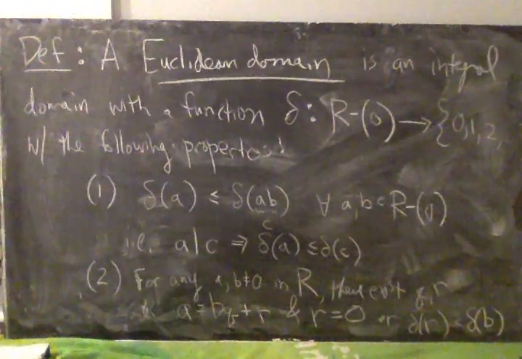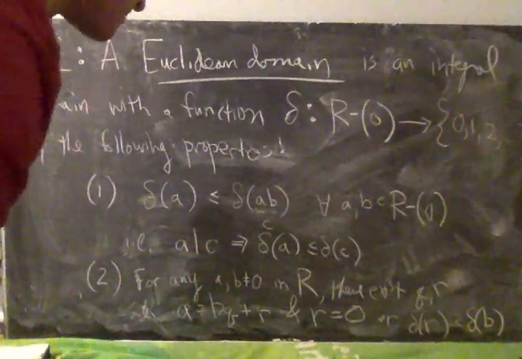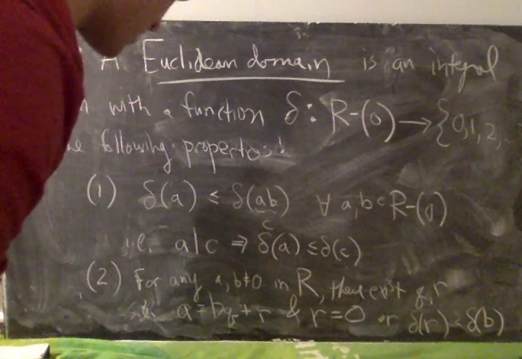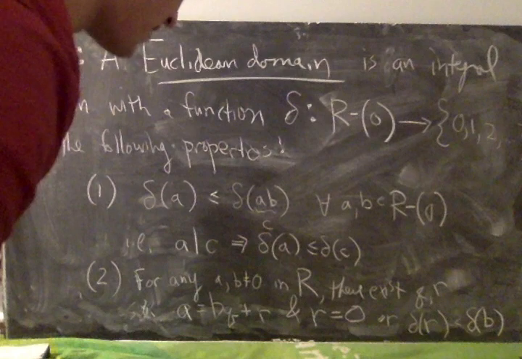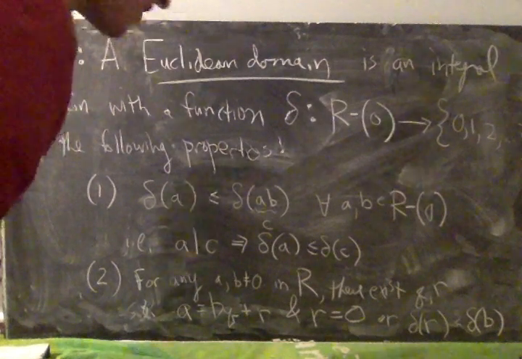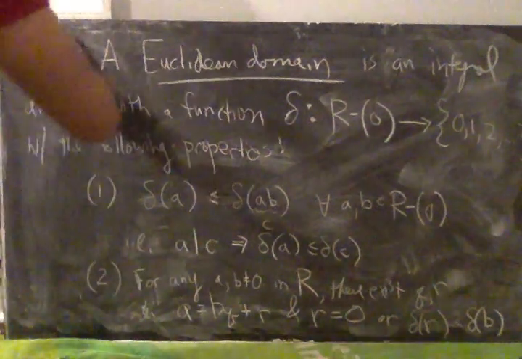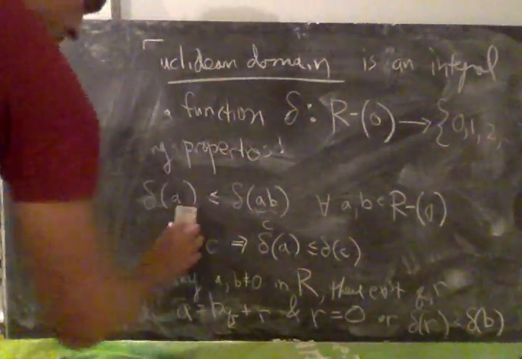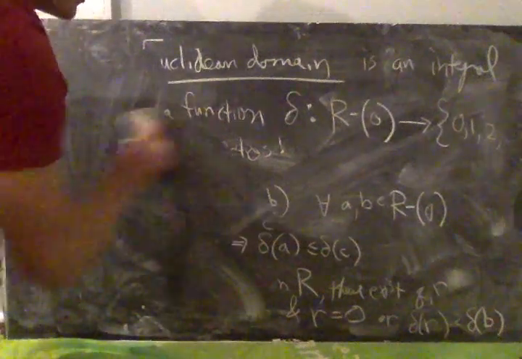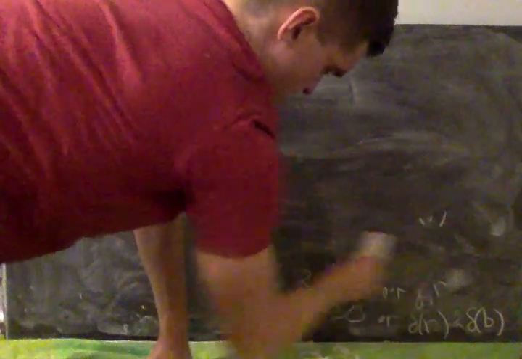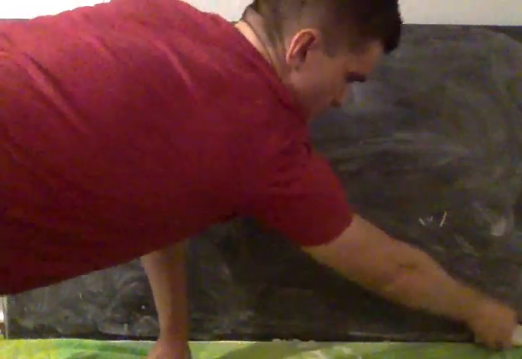So delta of R is less than delta of B. That's just like the division algorithm for the integers: when you divide by 5, you want your remainder to be less than 5. So you divide by B, you want your remainder to be less than B in the sense of this delta, whatever it is. We have to have those two properties. There has to be a function with these two properties in order for our integral domain to be a Euclidean domain.